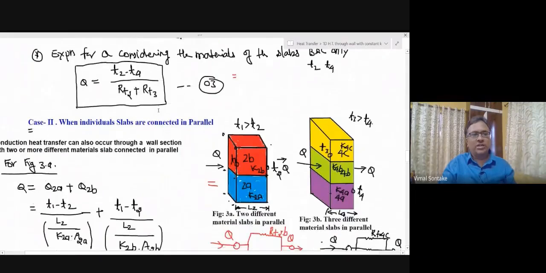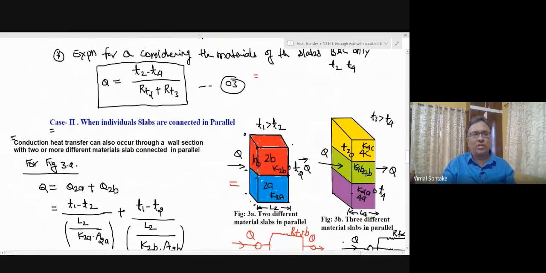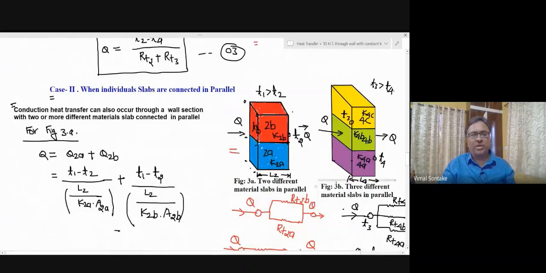Then we considered heat conduction through composite wall when slabs are connected in parallel. The meaning of parallel connection of slabs is that a single wall is made up of two different materials having different thermal properties, that is thermal conductivities. One such wall is shown in figure 3a and 3b. Here two different slab materials are connected to form a single wall.